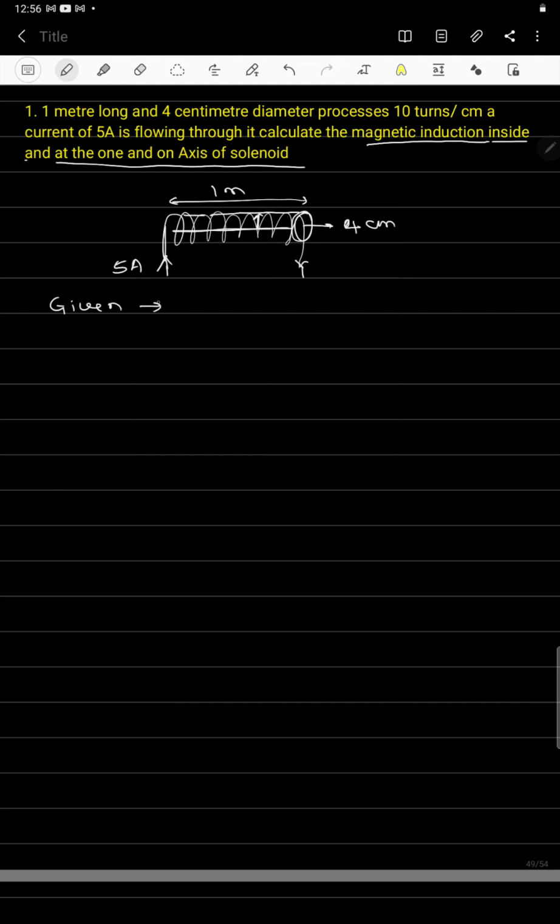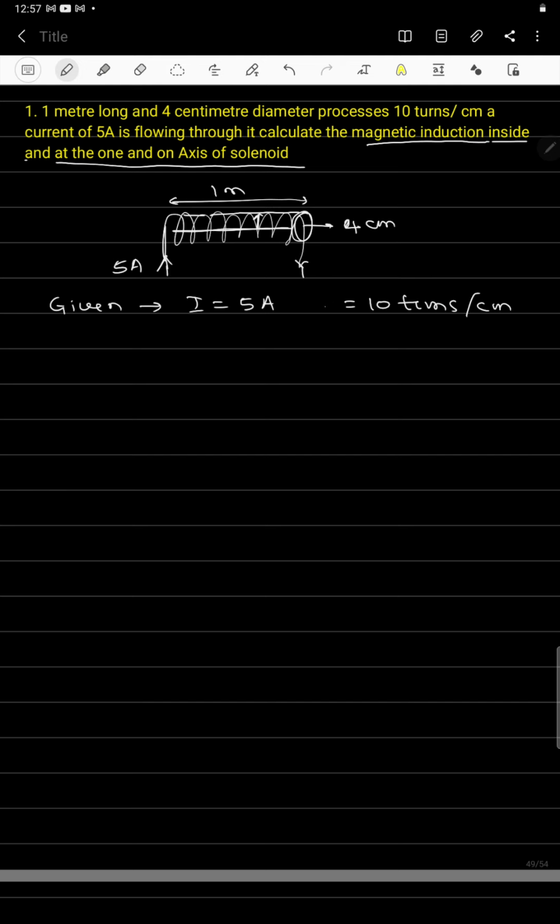The current is given, that is 5 ampere, and n, the number of turns, is given, that is 10 turns per centimeter.